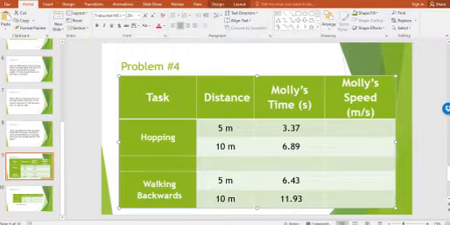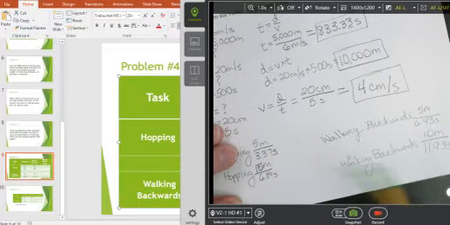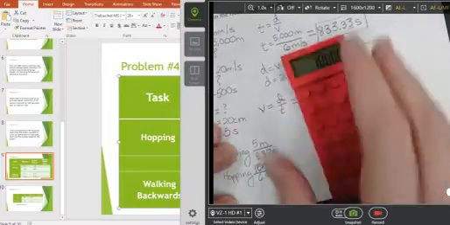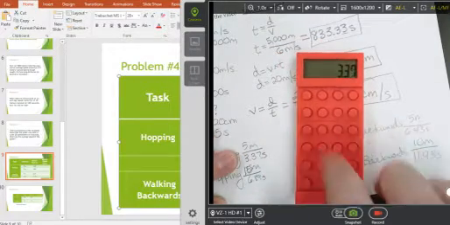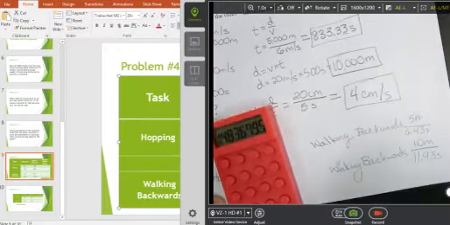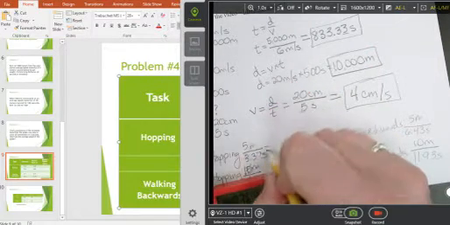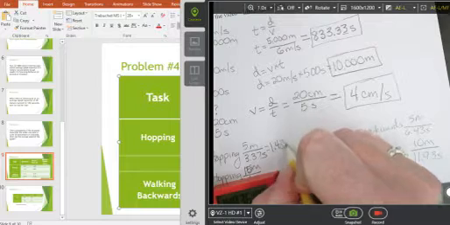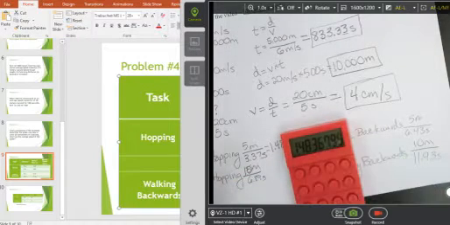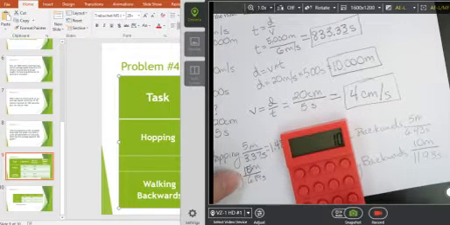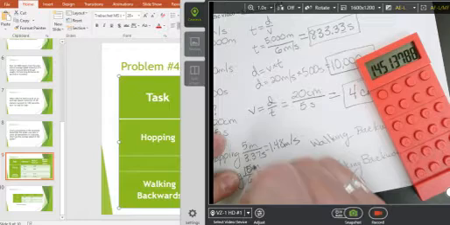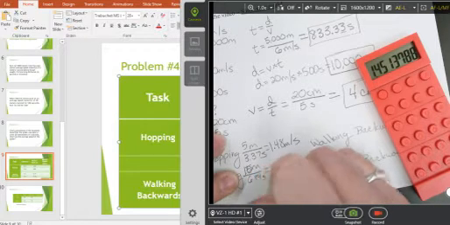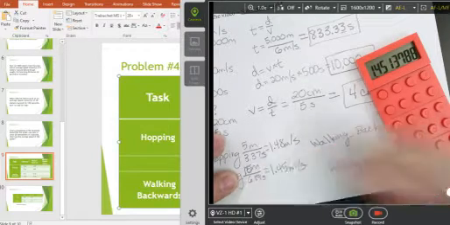So then we just have to solve for our answers. I'm going to plug in my calculator. First I have 5 divided by 3.37, which is 1.48 meters per second. Then I have 10 divided by 6.89, which equals 1.45 meters per second.